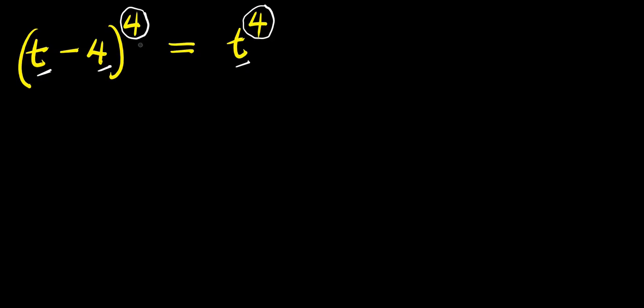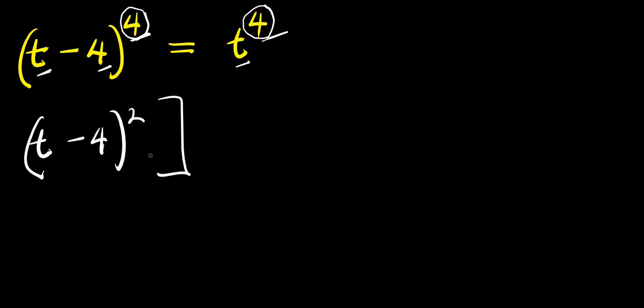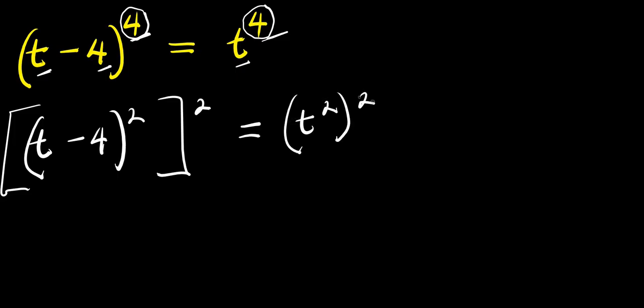Now, because this is 4 and this also is 4, we can re-express this as (t minus 4) raised to the power of 2, and this is also raised to the power of 2. This equals t raised to the power of 2, and this is raised to the power of 2.